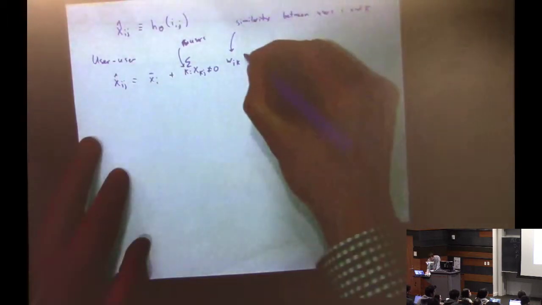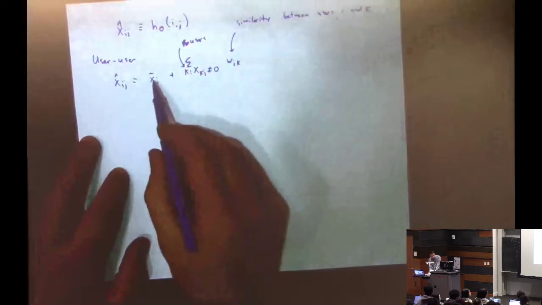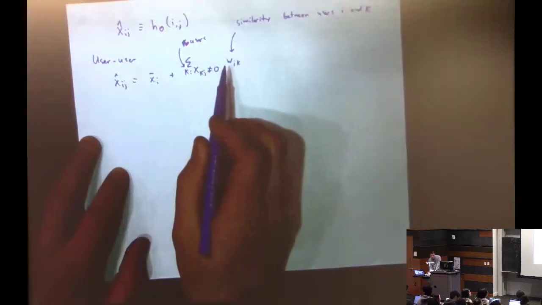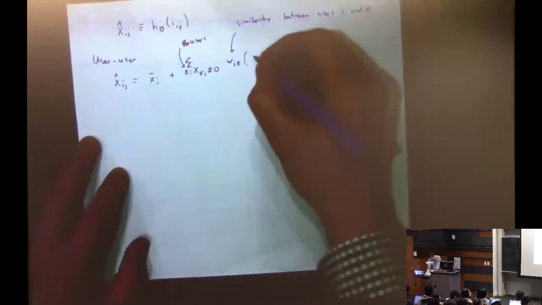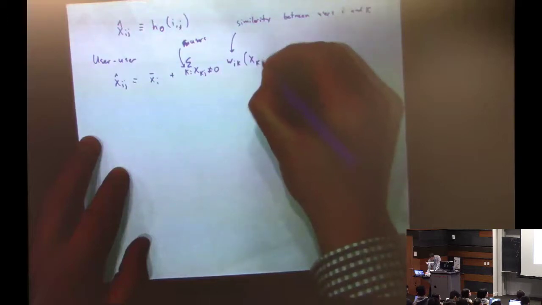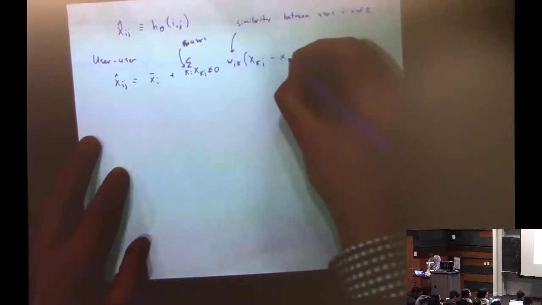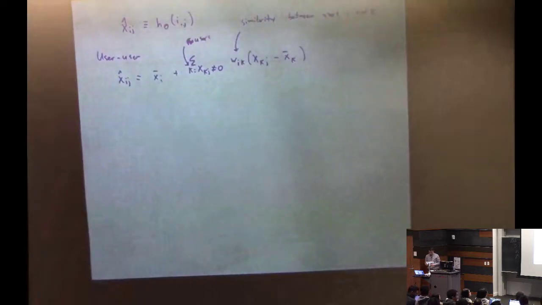What I'm trying to model here is, of course, the difference between the mean and the rating of this movie, this item. So I multiply the weight by x_kj minus the mean for this guy, so minus the mean for the kth user.